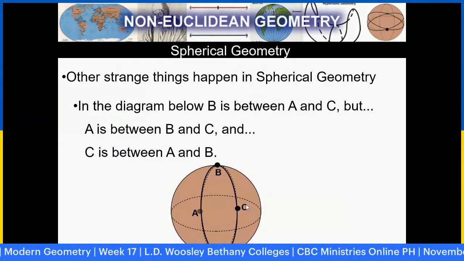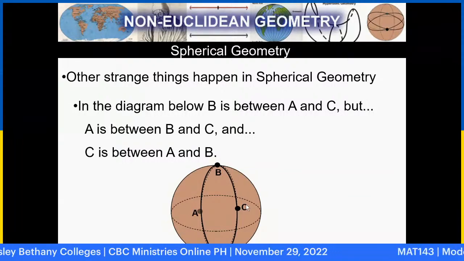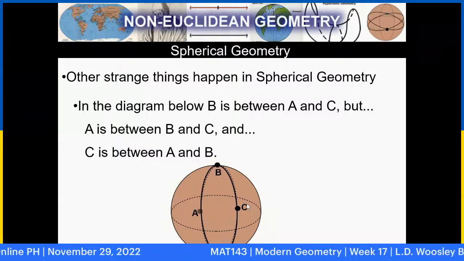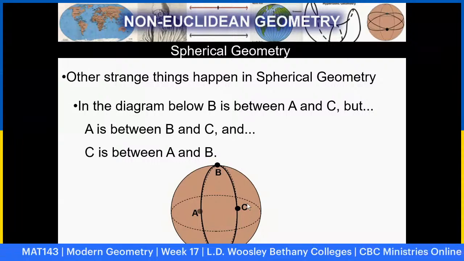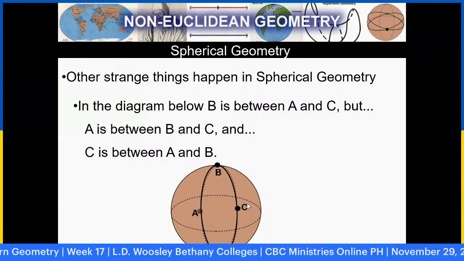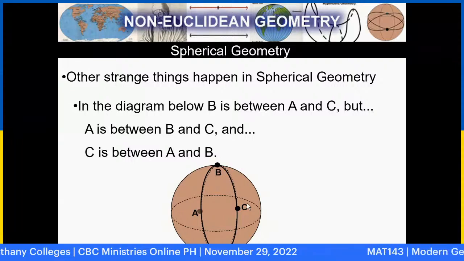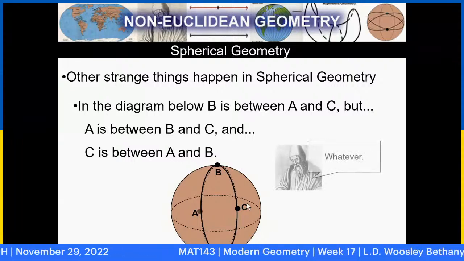And also C is between A and B. The betweenness is all mixed up. Unlike on a line, where if B is between A and C, they cannot exchange roles. Here, they could rotate betweenness on a sphere.